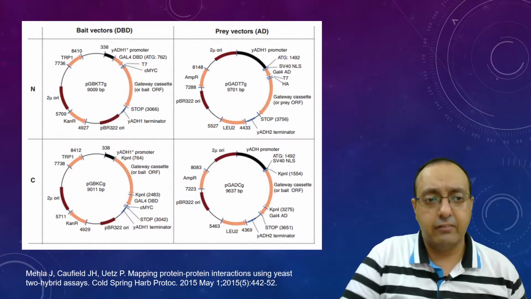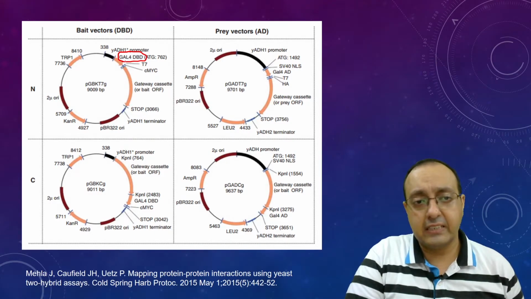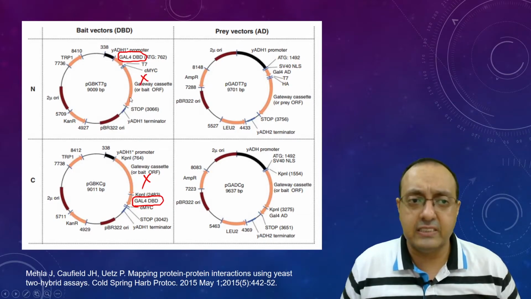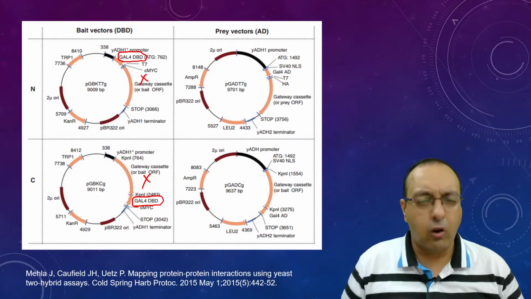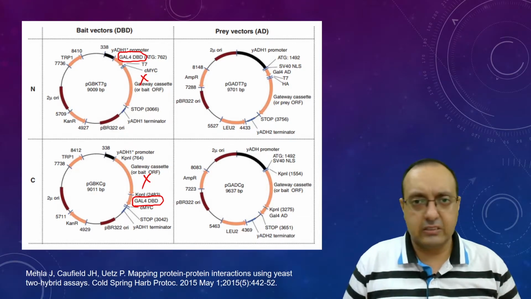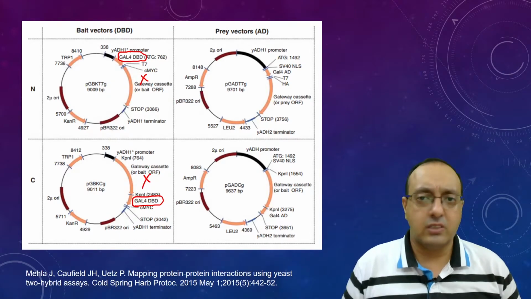Okay, so here we have different designs. Gal4 DNA binding domain, for example, is at the N terminus, and here Gal4 DNA binding domain is at the C terminus of the protein X. Right, so these are the designs of bait and prey vectors. A lot of different varieties and derivatives of these vectors are available. This is just the common canonical example that I have picked for you to show how the system works.